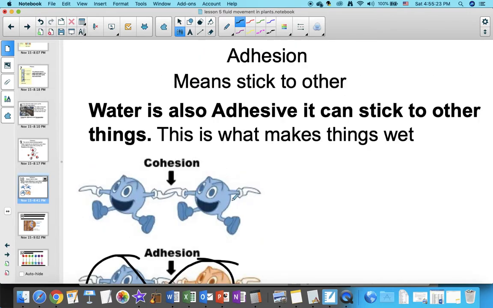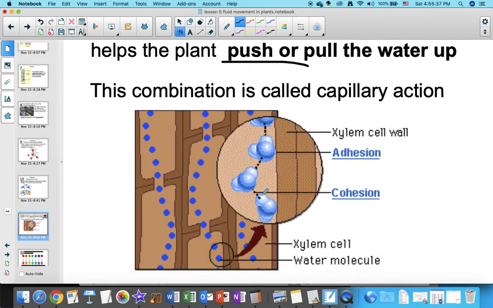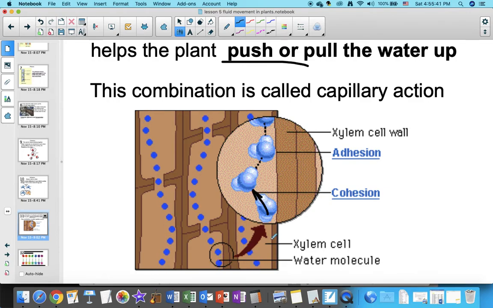So in the plant, the water is also attracted to the walls of the plant, which also causes the water to be pulled up. So the combination of adhesion and cohesion helps push or pull the water up. So here, as water is building up, the water pushes the other molecules up, while the molecules above pull on the molecules below, while also being attracted to the sides of the xylem wall.